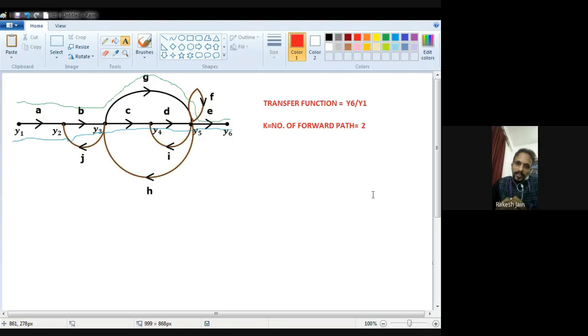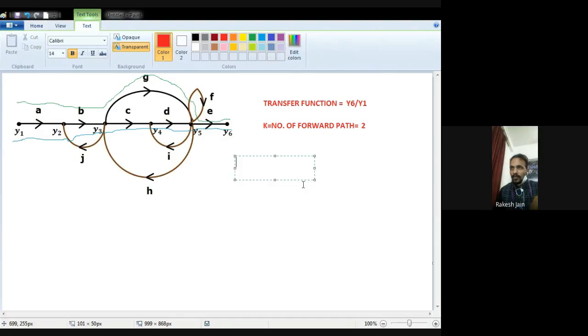Once you find the value of k, it means in the formula we have to find T1 and T2, because k denotes the number of forward paths, and del 1 and del 2 as well. So what will be the modified formula to find the transfer function related to this numerical?